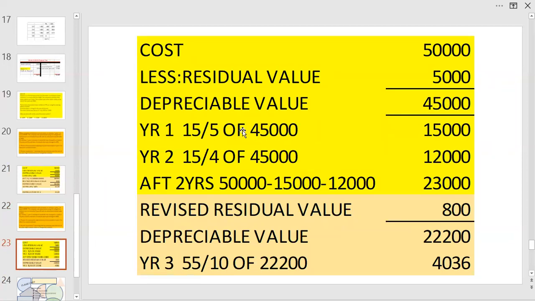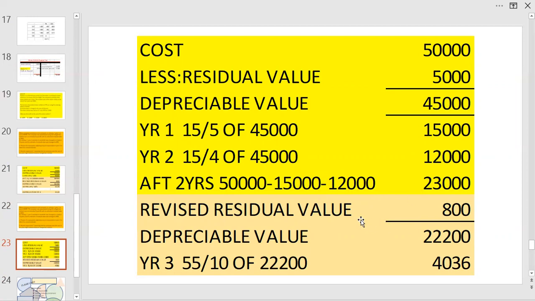Since lifetime is 5 years, the 5 years are digitized. 1 plus 2 plus 3 plus 4 plus 5, which is 15. Therefore, in year 1, 5 over 15, year 2, 4 over 15, calculated on the depreciable value, which is 15,000 and 12,000 respectively. Therefore, the written down value at the end of year 2 is 23,000.